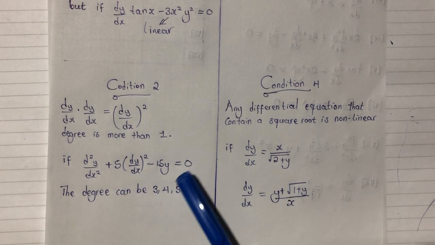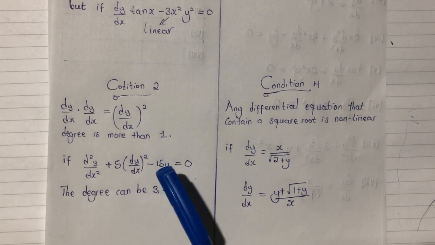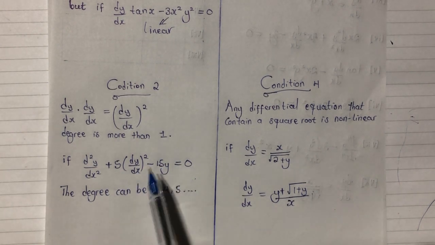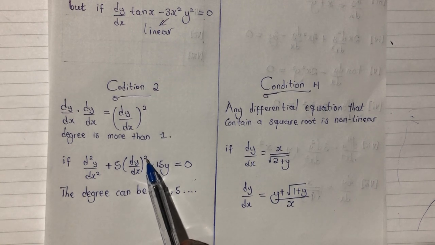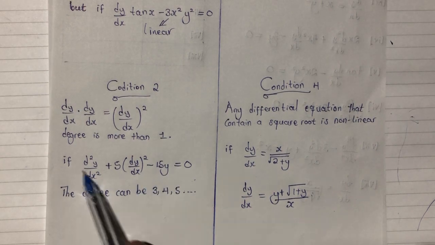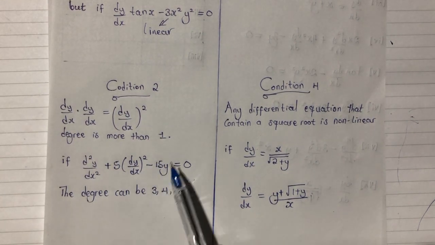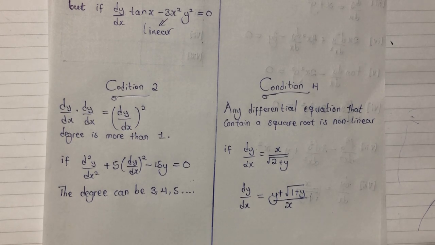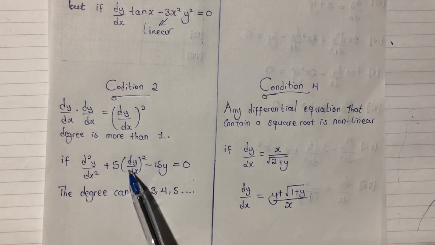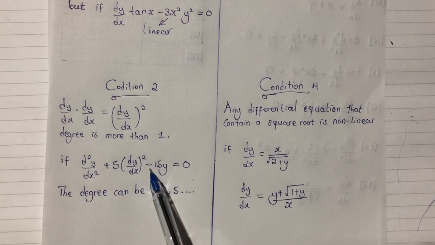So I'm looking at the conditions that will make an equation nonlinear, and I can see that this condition qualifies it to make it what? Nonlinear. So because of this, the whole differential equation here is a nonlinear differential equation. If this condition is not found in this equation, then it will make it linear.